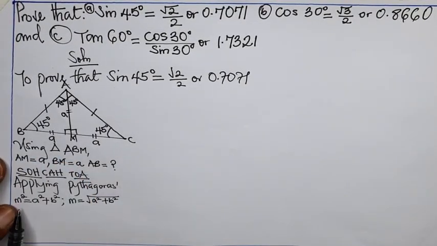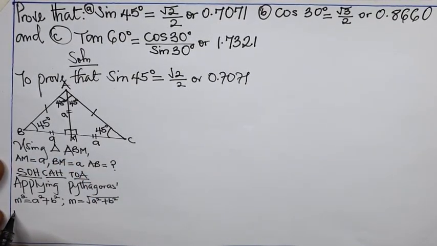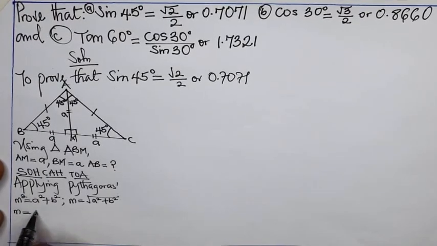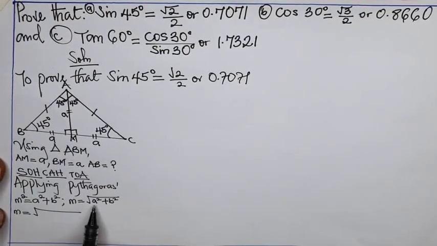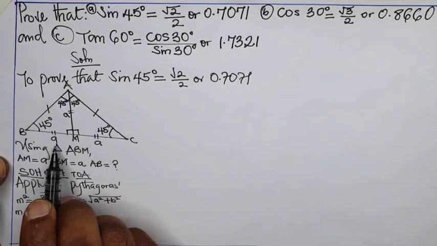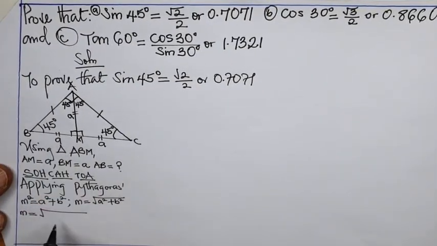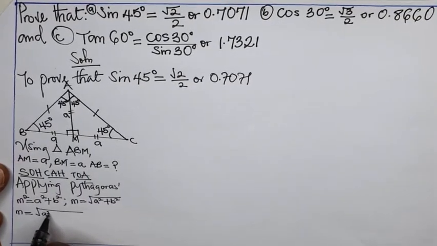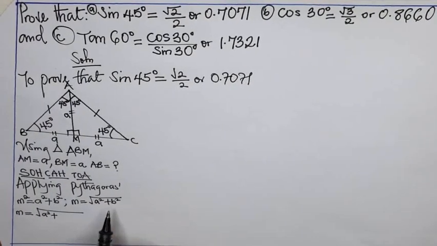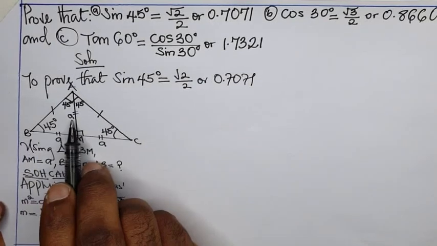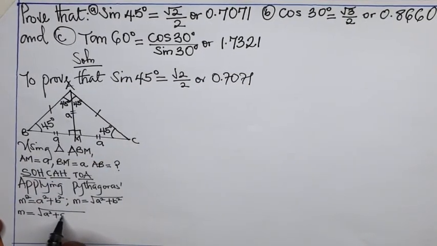Now AB is unknown. That is what we are looking for, the hypotenuse. So we just write it down here. AB will be equal to the square root of, what is the value of our a squared? Our a squared is going to remain a squared, isn't it? So it's going to remain a squared plus, what's the value of our b squared? Our b squared is the same thing as a here, so it's going to show a squared.